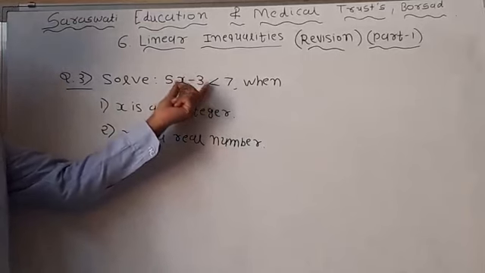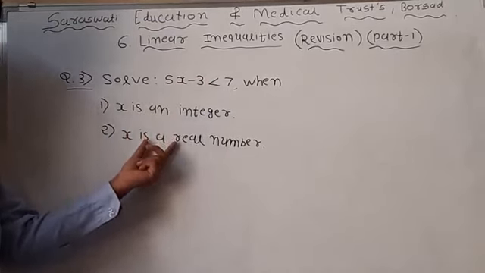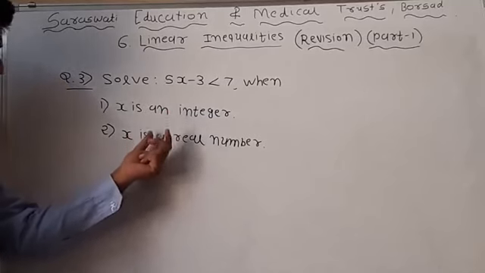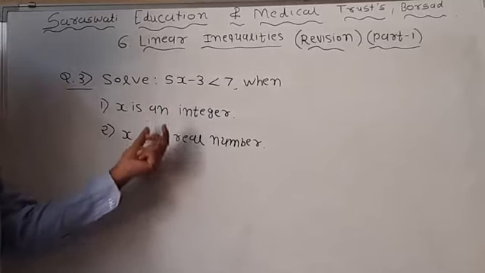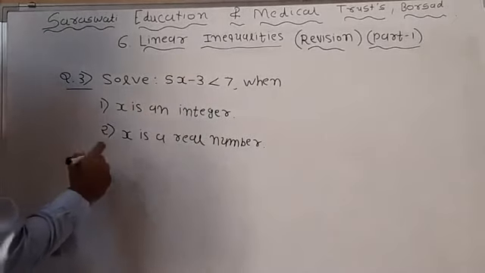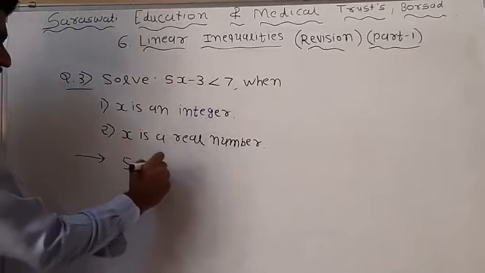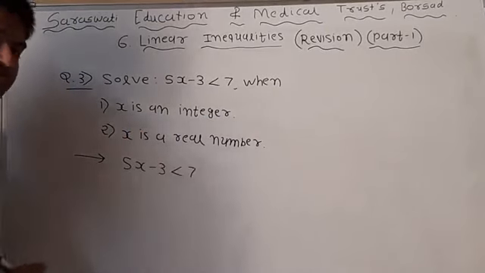Now after that, two conditions are present. Using these two conditions we can write the answer. First of all, solve 5x minus 3 less than 7.